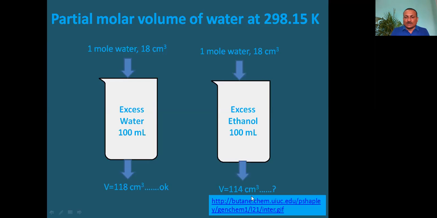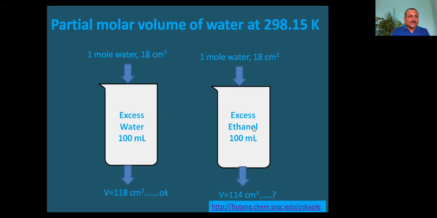These interactions can be shown in the figure, the interactions between water molecule and ethanol molecule. You can see here, these are the water dipoles and these are the dipoles of ethanol. So dipole-dipole interaction can occur between the water and ethanol as well as hydrogen bonding interaction between the water and ethanol.